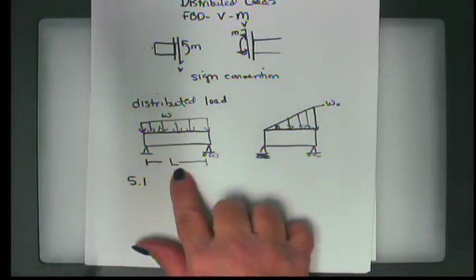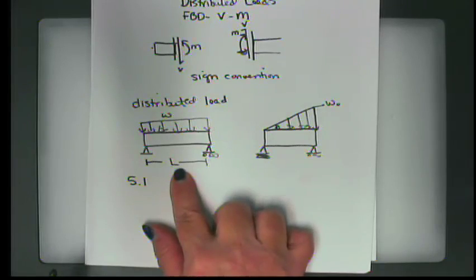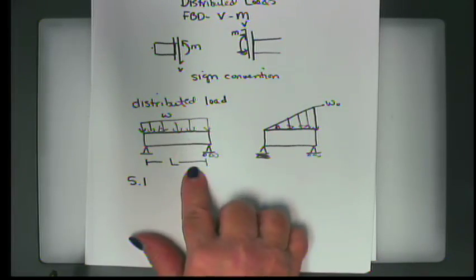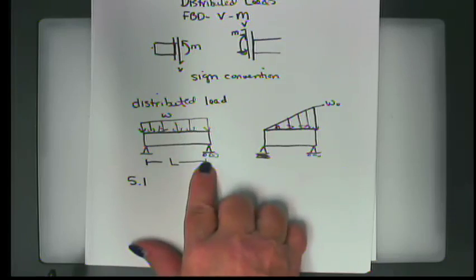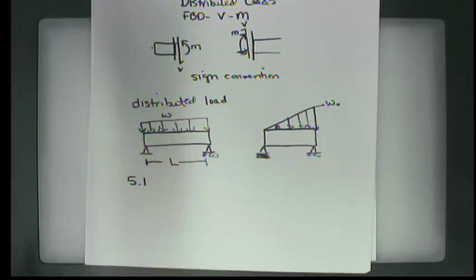Okay, so here, this is actually a drawing of 5.1 where we have a length of L, we have a fixed support and a rolling support, and then we have some sort of a distributed load. Now, last time I talked to you about the fact that when you have a distributed load, sometimes we model certain kinds of load, like traffic flow on a bridge, using this sort of an idea.